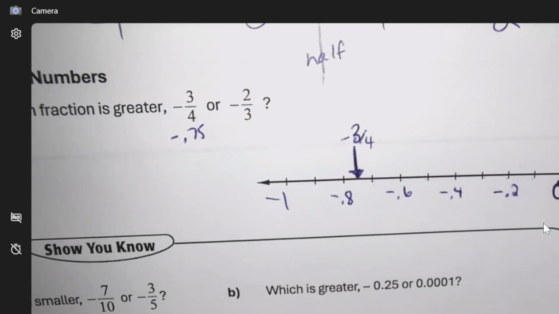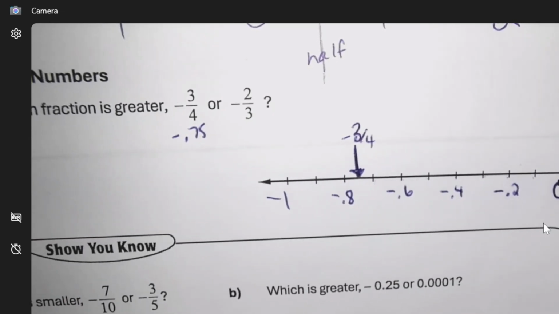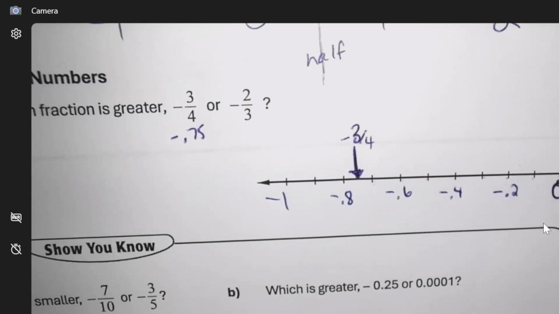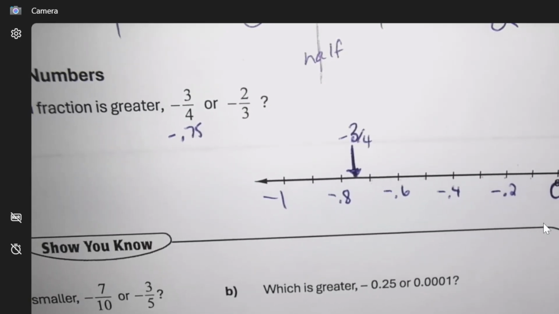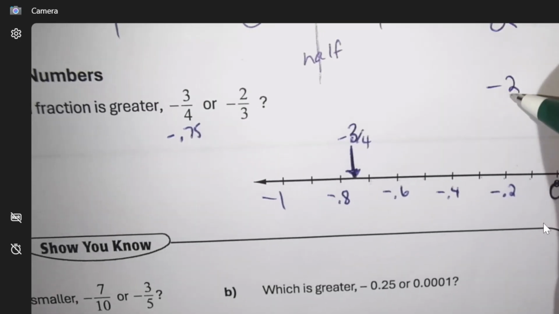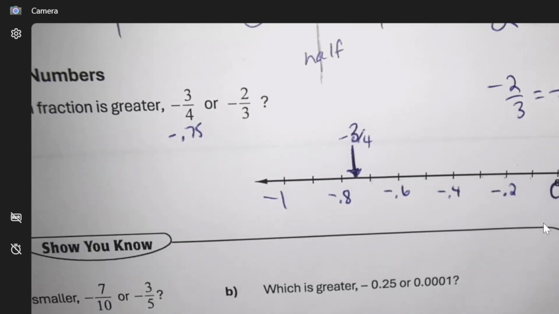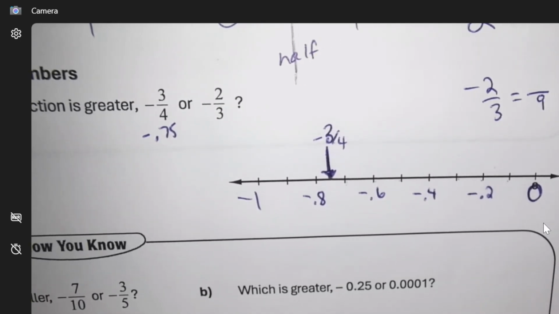And -2/3. Does anybody know what that would convert to as a decimal? You can't use your calculator. Can you change a 3 to a 9? Yeah. How? Times by 3. So times the top by 3. 6. And look at the 9s. What did I say about 9s?